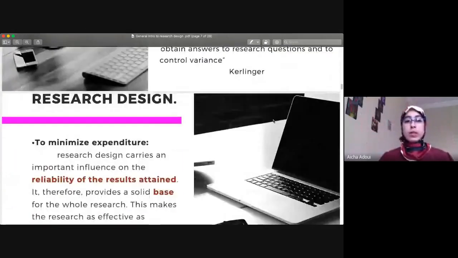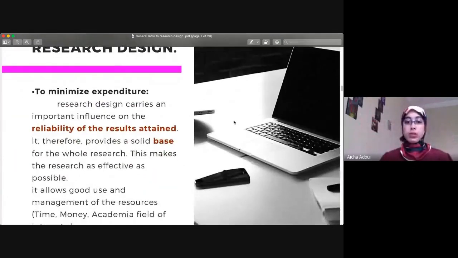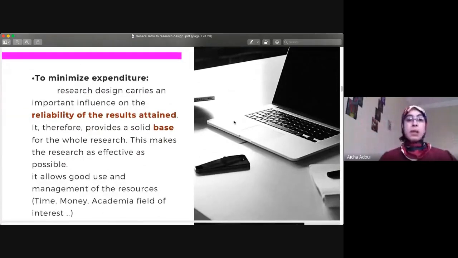Okay, what are the objectives of a research design? Why do we need to use research design? Again, it's to minimize expenditure, right? Reliability of the result relies a lot on how solid the base is throughout the whole research. If the master plan is not well structured, if it's not well planned, if it's not effective, the entire research will not be reliable.